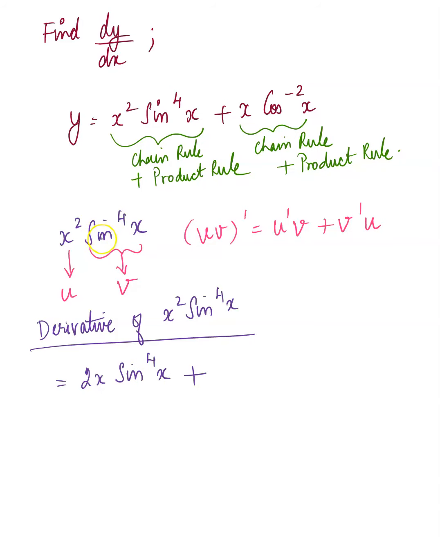You look at v prime is sine power 4x, which is the same as sine x power 4. Okay, so sine x power 4, that's why you use the chain rule. So there is the product rule that we used, but within that we have the chain rule. So I'm going to use a different color to show what happens in that chain rule part.